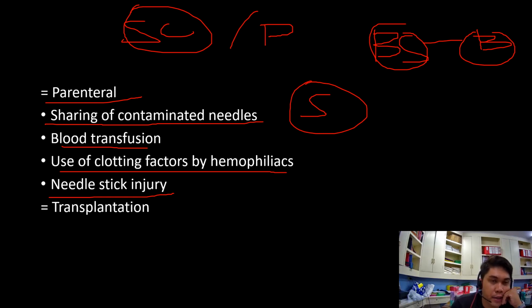If they're using, I don't know the term for that, I think it's a pusher, a sharp tool that is used to remove debris, and that equipment comes into contact with the blood of a customer, then if you use it on another customer, that can cause possible transmission of HIV. The next is transplantation.